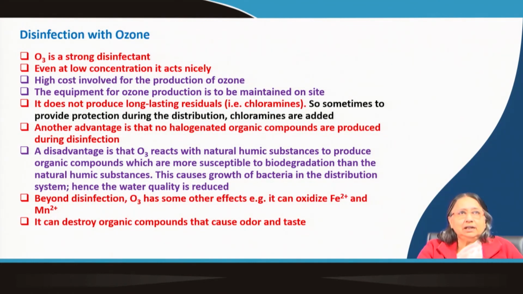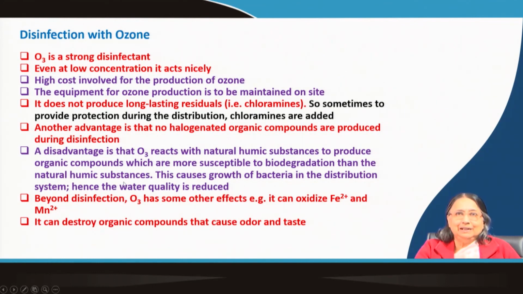A disadvantage is that ozone is stronger, so it can react with natural humic substances to produce organic compounds which are more susceptible to biodegradation. Maybe THMs are not produced, but some compounds are produced which are more susceptible to biodegradation compared to the natural humic substances.